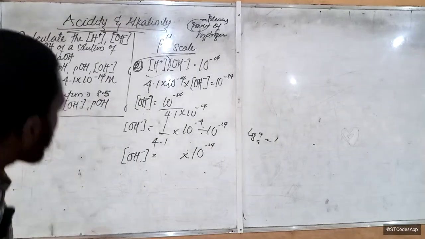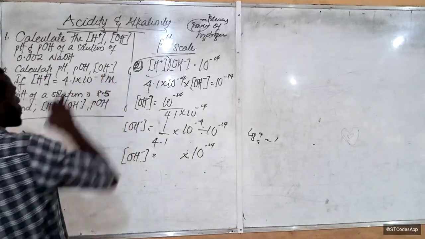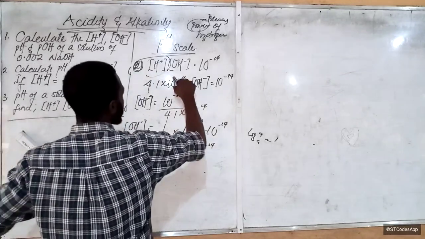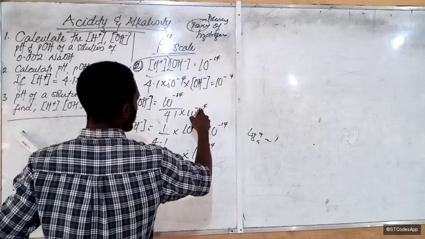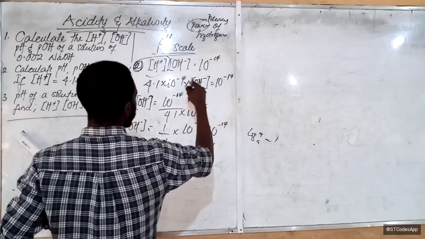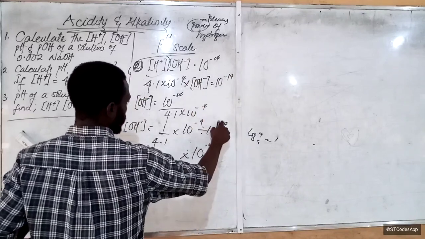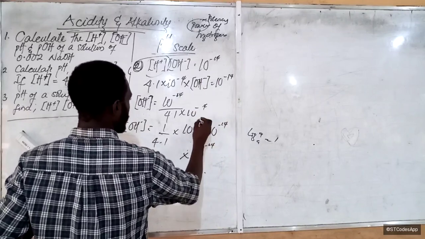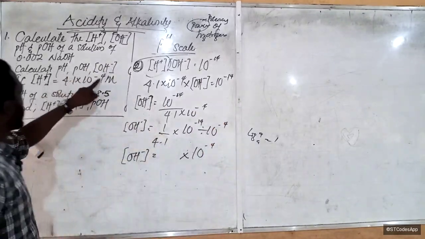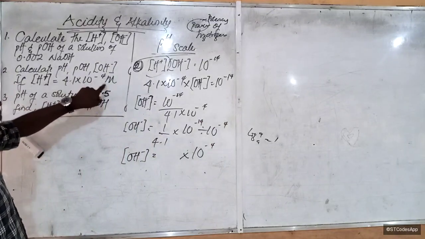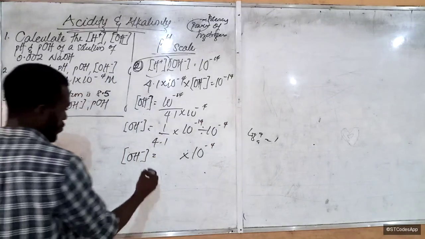Okay, it is 4, not 14. Here is 14, here is 4. The question says raised to the power minus 4. I mistakenly wrote 14.